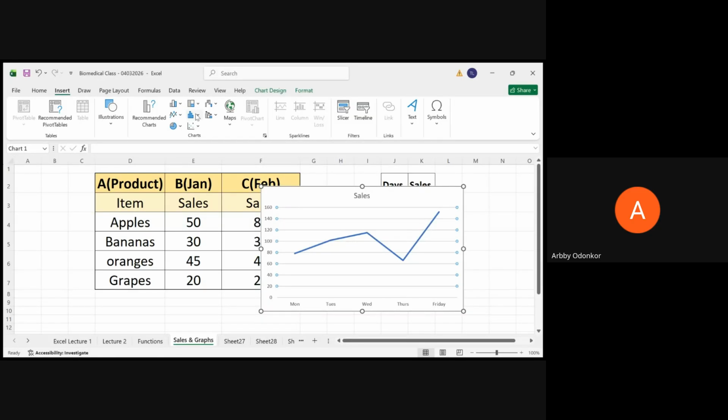But the question was specifically insert a line chart. So whatever the question instructs you to do, just make sure you do it. So go and do that assignment, and then you print everything and bring it next week.